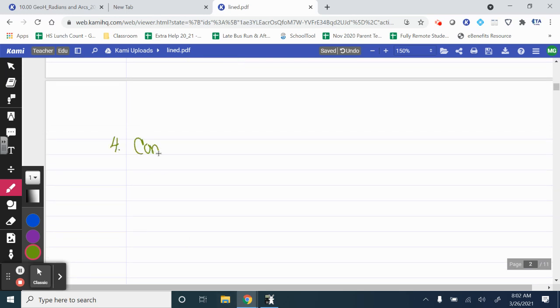This time convert 30 degrees to radians. Okay, so pause the video here and set up your proportion, reduce, and solve. All right, so you should have pi over 180. We're solving for radians, so that's x over 30.